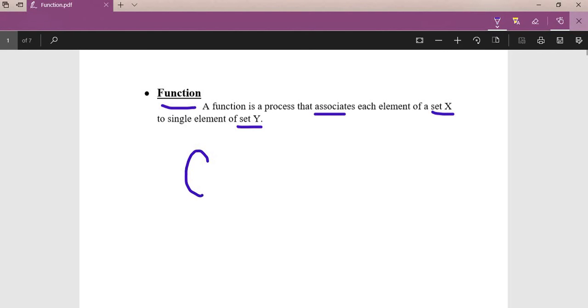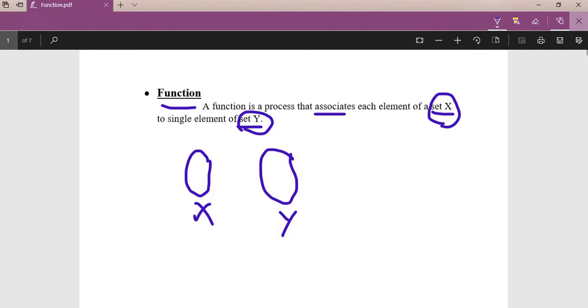Whenever we study functions, we discuss function in this way. This is a Venn diagram. Let's say this is set X, and this is set Y. As I discussed, function is a process, and let's say this is a function.